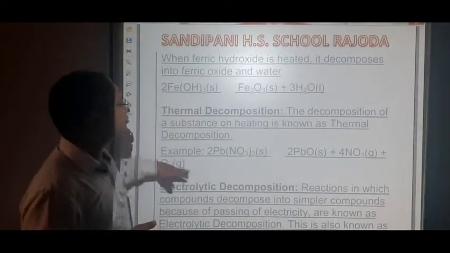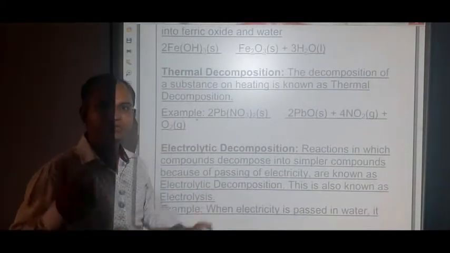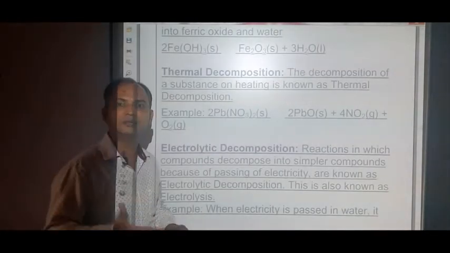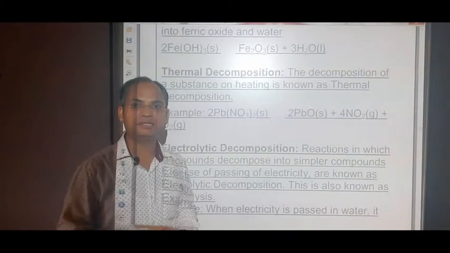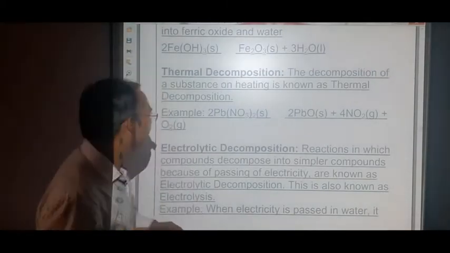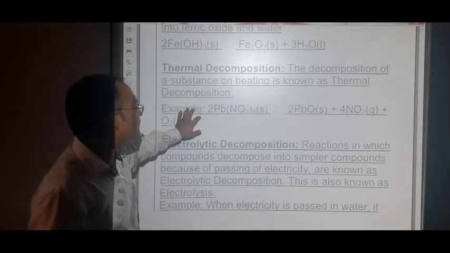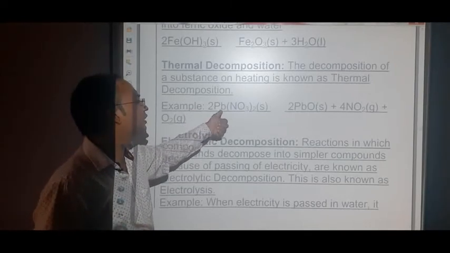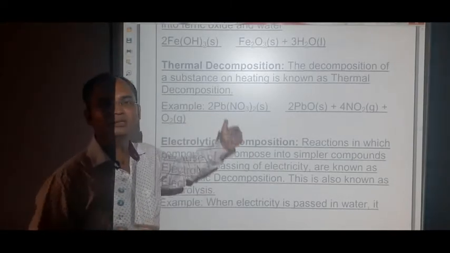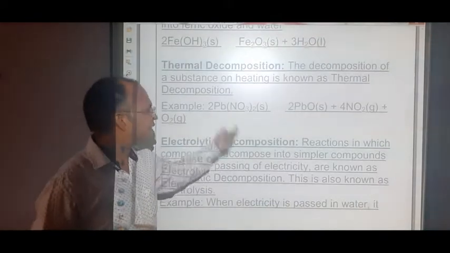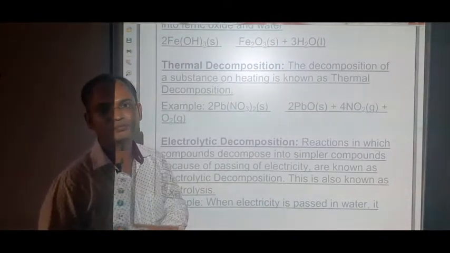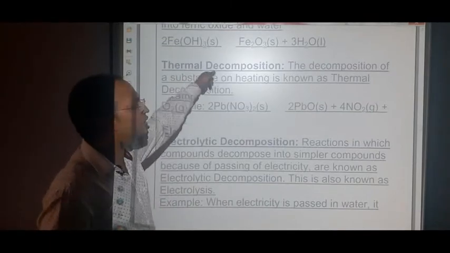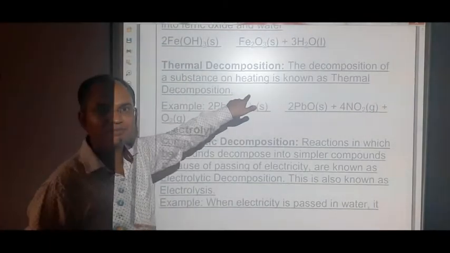So thermal decomposition reaction is the decomposition reaction in which the decomposition of the reactant takes place by the absorption of heat energy. Let's see an example: 2Pb(NO3)2 in solid state, when it is heated, gives us PbO and NO2. So this reaction is a thermal decomposition reaction.